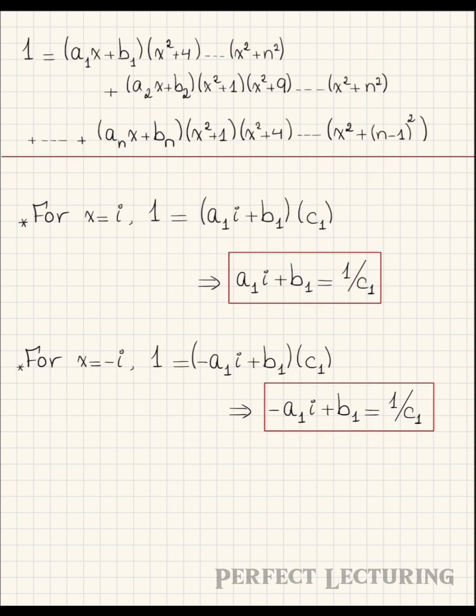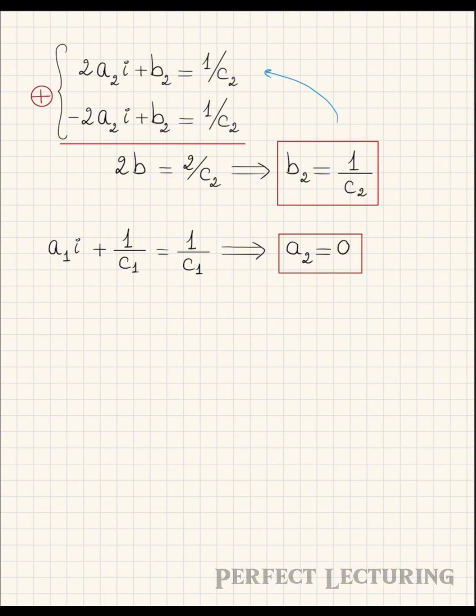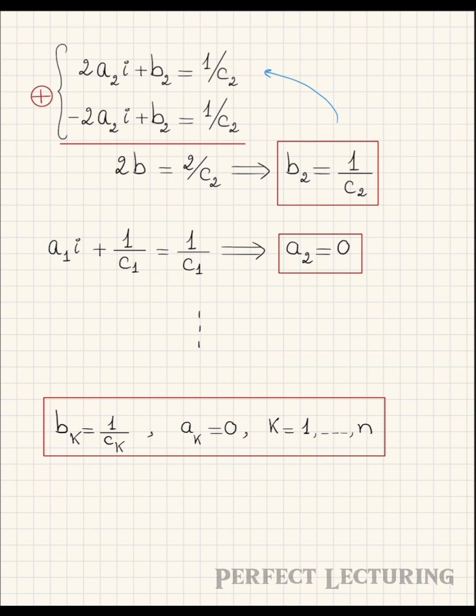We now repeat the same scenario and replace x by 2i, and this is what we get. We again solve the system and end up with a2 equal to 0 and b2 equal to 1 over c2. We keep going like that, and now we can come up with the general formula for all the ai's and bi's, which is this.